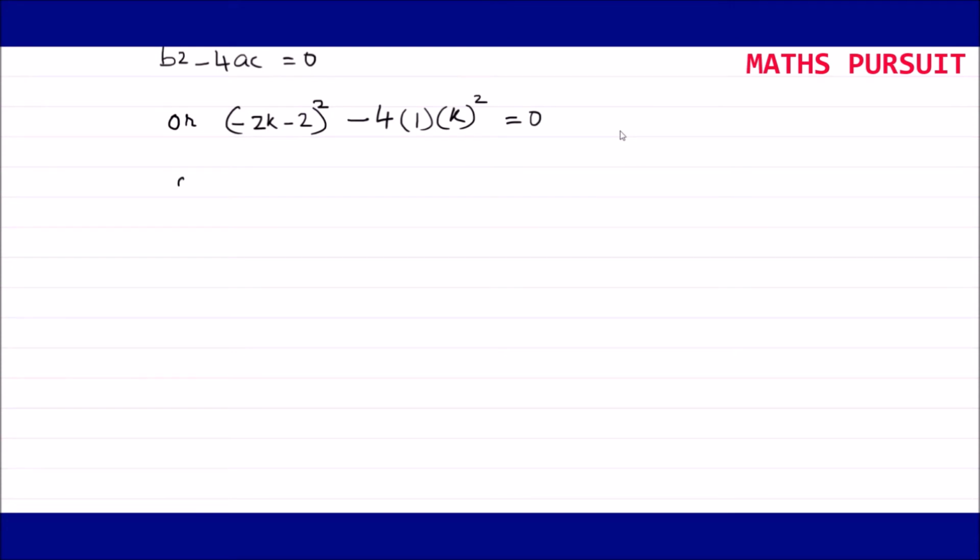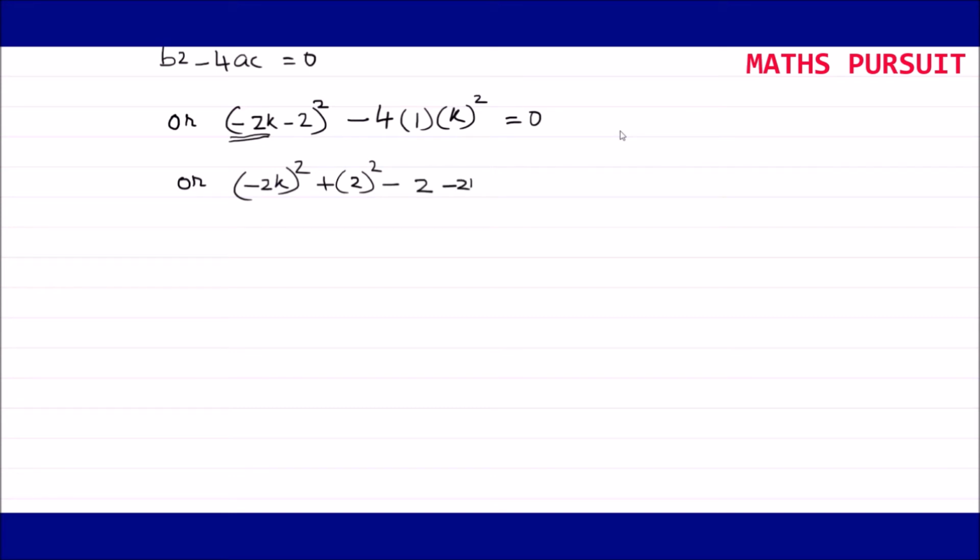This one is like (a minus b) whole square. Let us consider this part as a and this one as b. So (a minus b) whole square is nothing but a square plus b square minus 2ab. So that's what I'm going to do. a square plus b square minus 2ab.